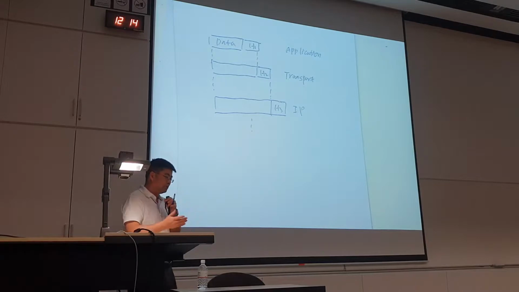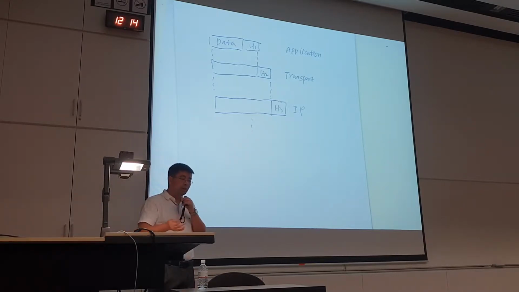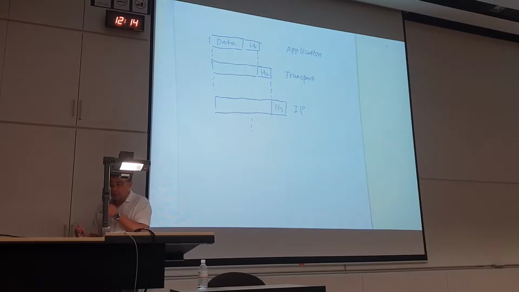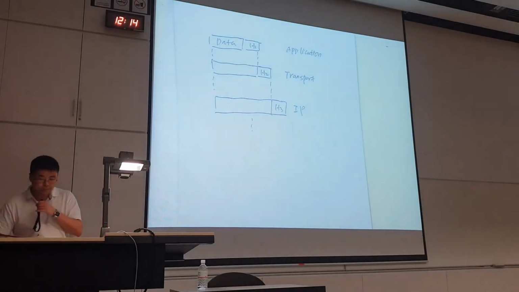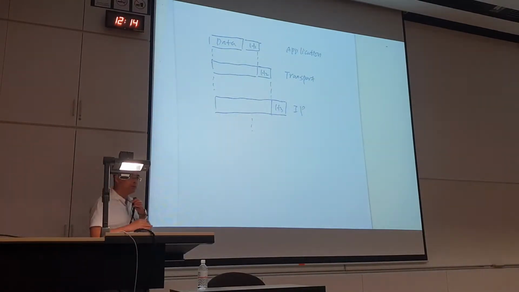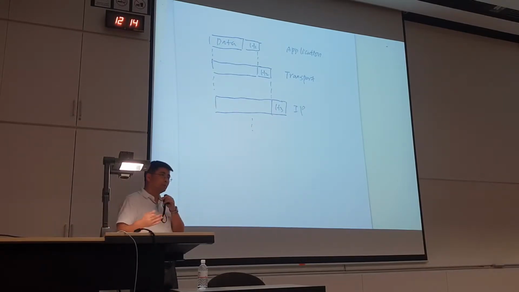The physical layer is where you use the channel to physically deliver the message, for example using an optical signal or electric signal. So the receiver processes data from the bottom layer until the top layer.